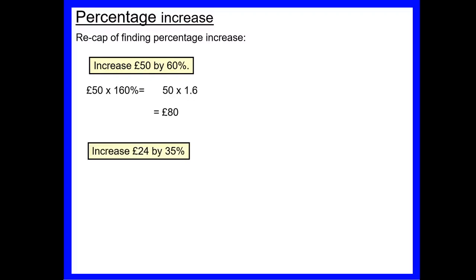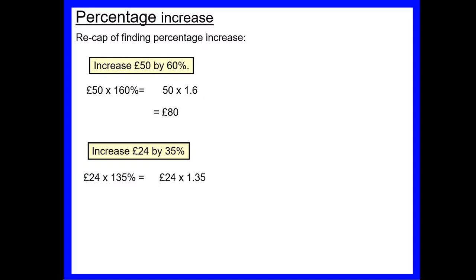Our second one then. We're going to increase £24 by 35%. Again, we have 100% already. We want to make it bigger by 35%. So in fact, we're going to find 135% of the value. We need to change our percentage to a decimal, so we're going to divide it by 100 to give us 1.35.